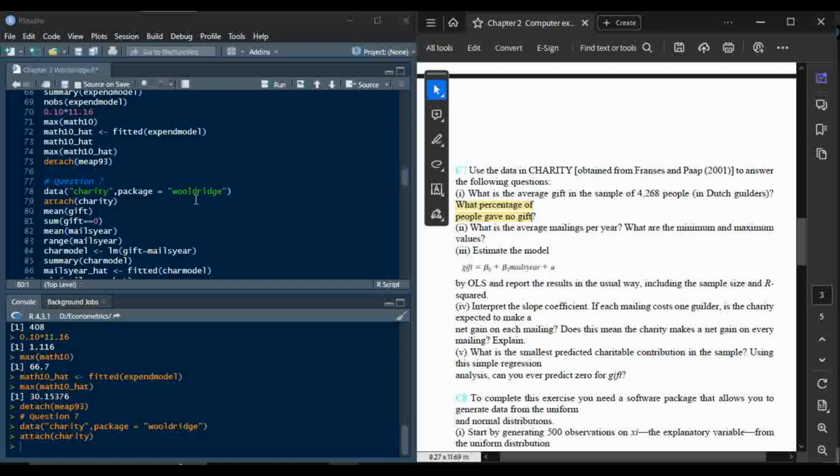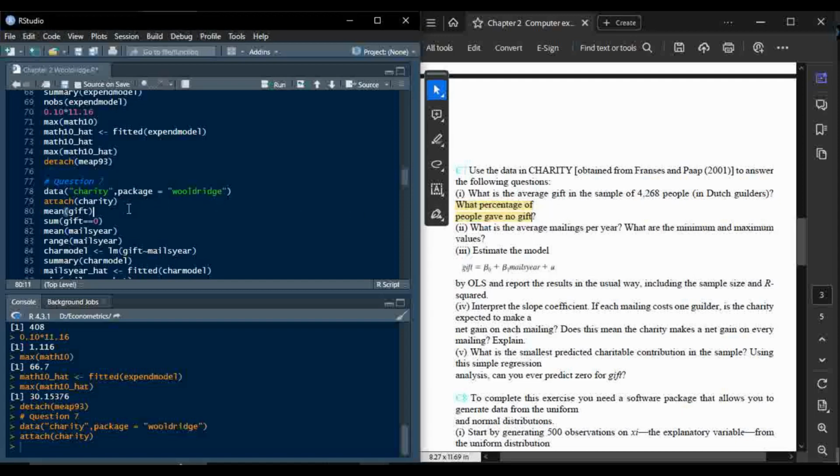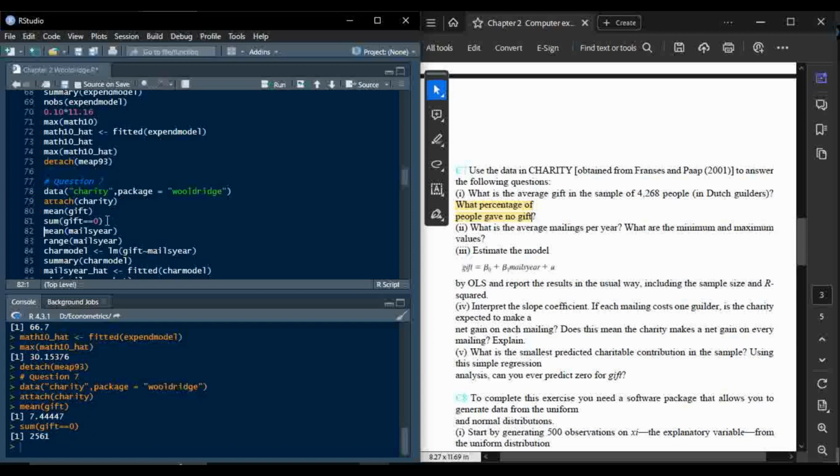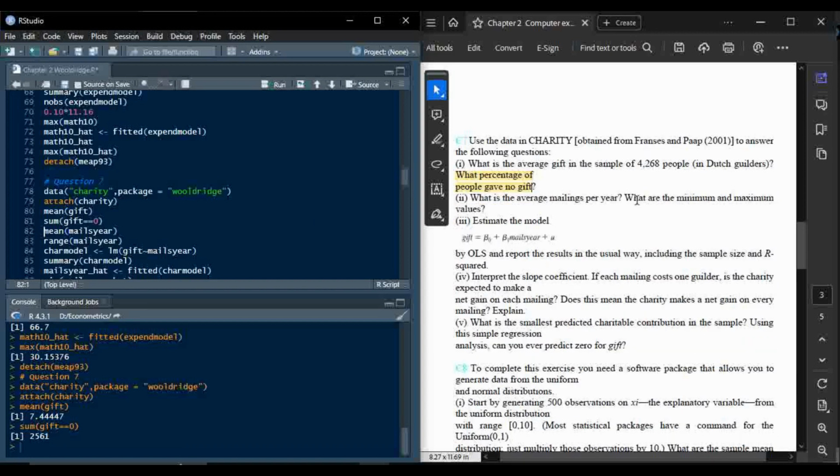So we can calculate the average gift by passing this command mean gift. The answer is 7.44 Dutch guilders, and the number of people having 0 gifts is 2561. Now what is the average mailings per year? What are the minimum and maximum values?